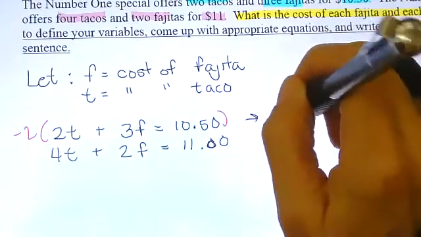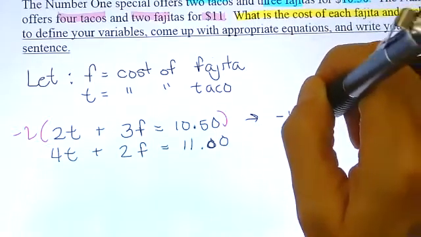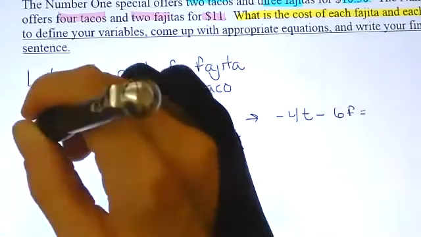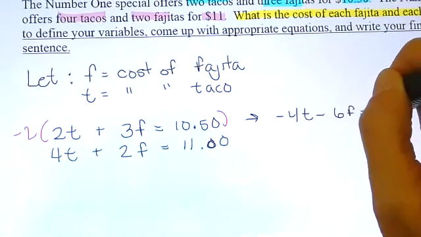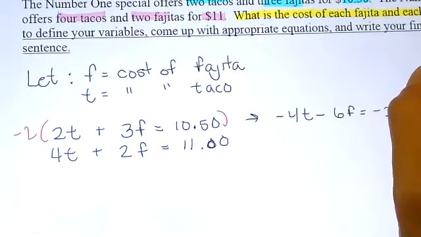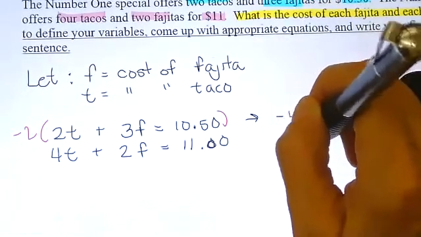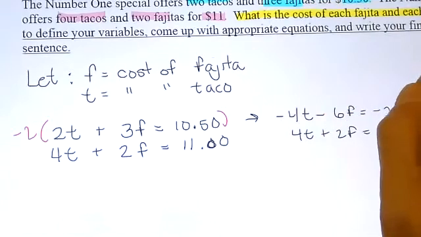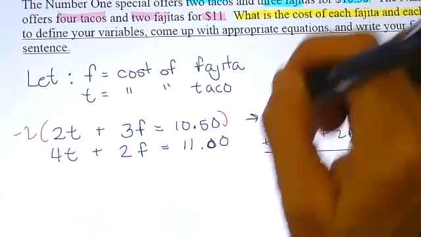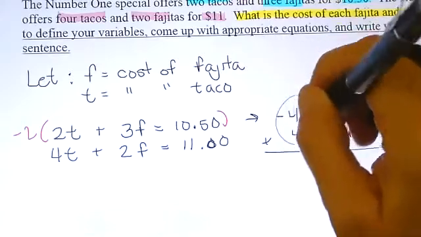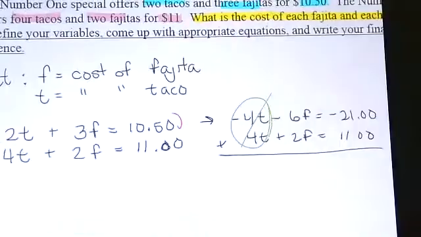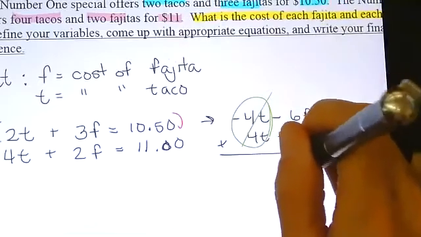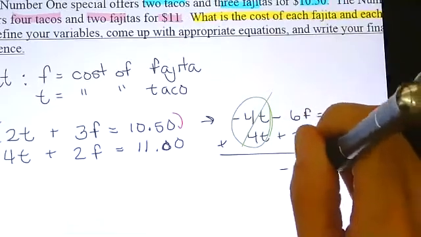So I get -4 times t minus 6f equals, and then -2 times $10.50 is -$21. And then I have my 4t plus my 2f equals 11. And now we add these 2 equations together, and sure enough, my tacos have been eliminated. So I'm now just left with some fajitas, -4 of them. -6 plus 2 is -4 fajitas.